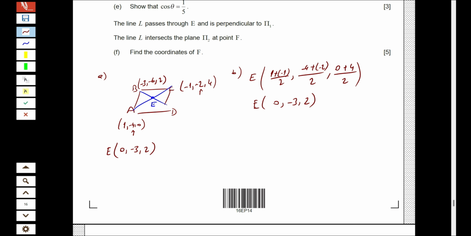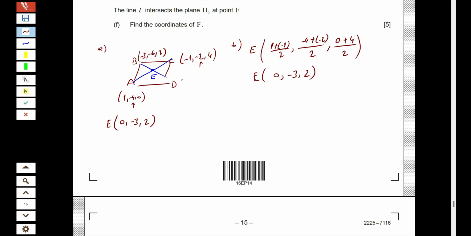It's okay. From here, you're going to say that the point D, if you call it (x, y, z), in this case, sorry, 0, which is the x coordinate of E, the midpoint, equals (-3 plus x) over 2, and the y coordinate of E is -3, equals (-6, which is the y coordinate of B, plus the y coordinate of D, which is y) over 2.